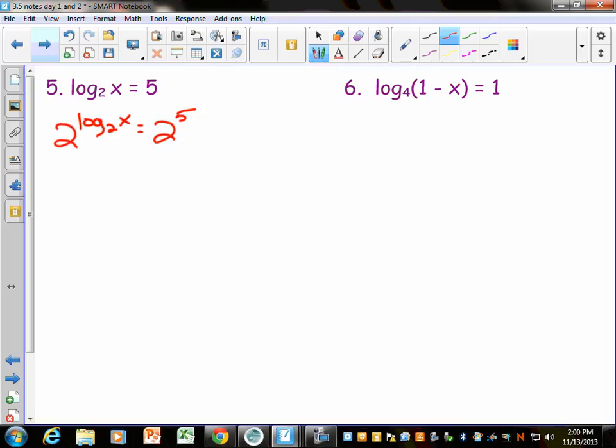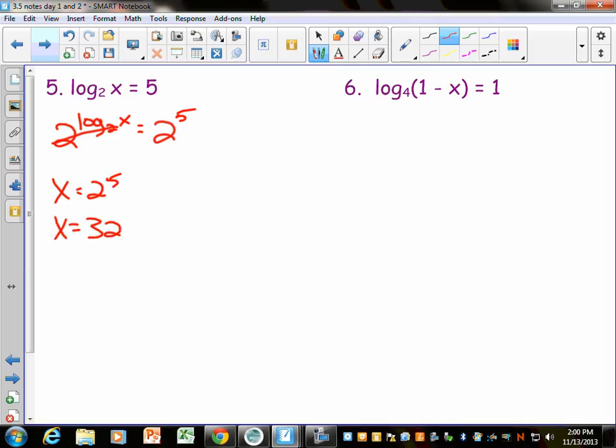It's just like I did when I used e, but I'm doing it with 2. It works every time because 2 and log base 2 are inverses. They cancel out, and you get x equals 2 to the 5th, or x equals 32.